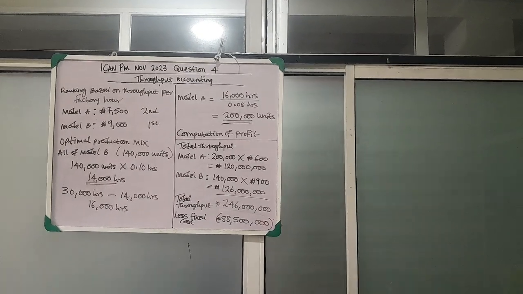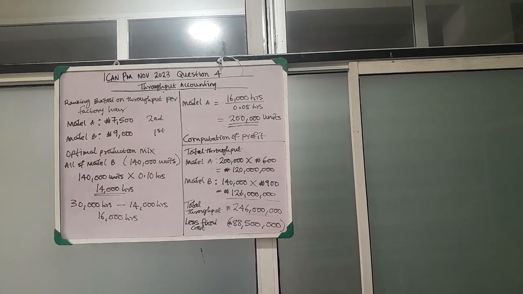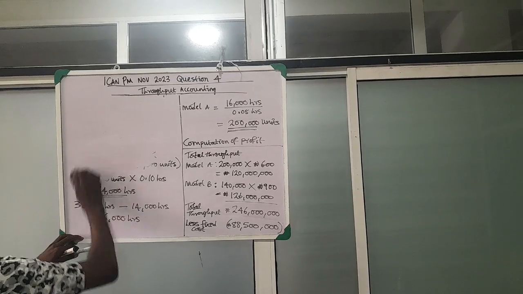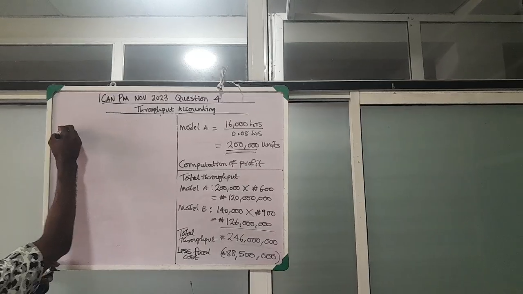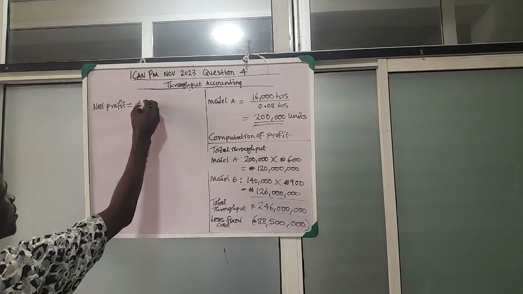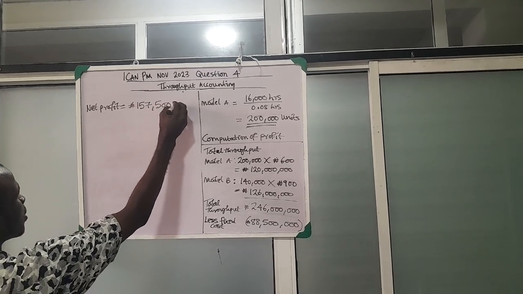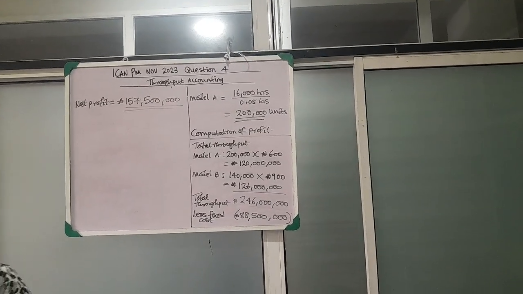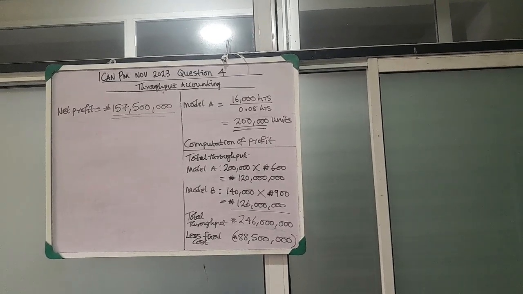If I less fixed cost of 88,500,000, I'll be having a net profit of 157,500,000. That is the net profit using the throughput method. So we have provided a solution to the C part of the question.